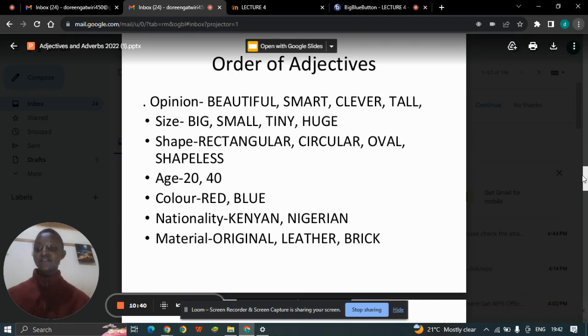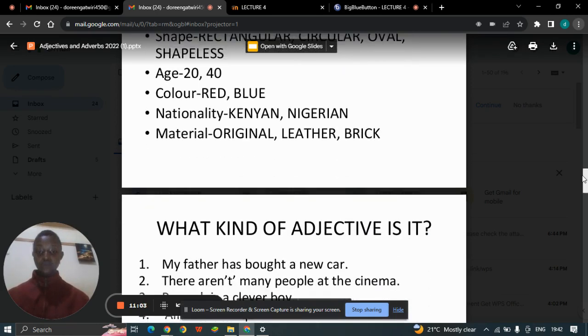Then age, if it is 20, 40, 30, 60. The color, if it is red, blue, green, yellow. Nationality, a Kenyan, Nigerian, a Sudanese. Then material, like leather, brick, etc. So the order of adjectives: first you have the opinion, then size, shape, age, color, nationality, then material.